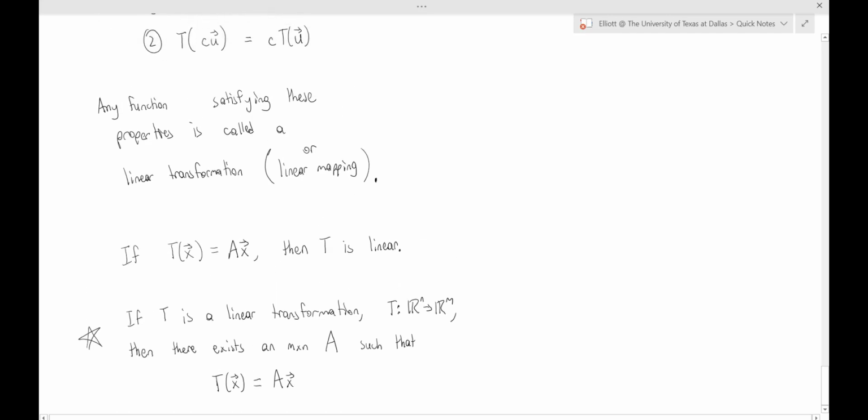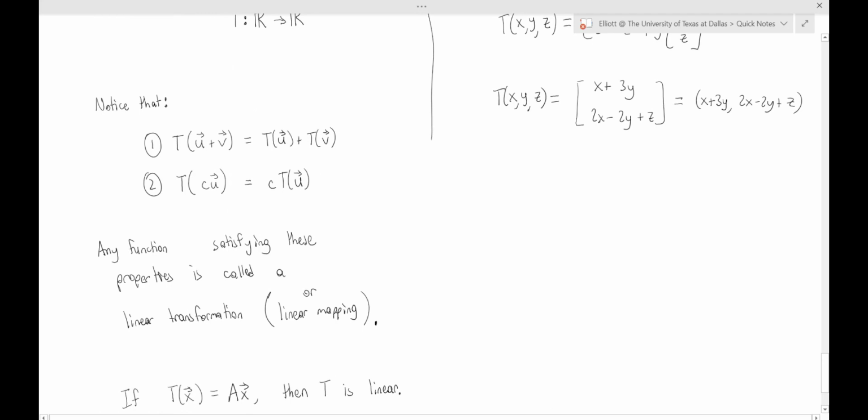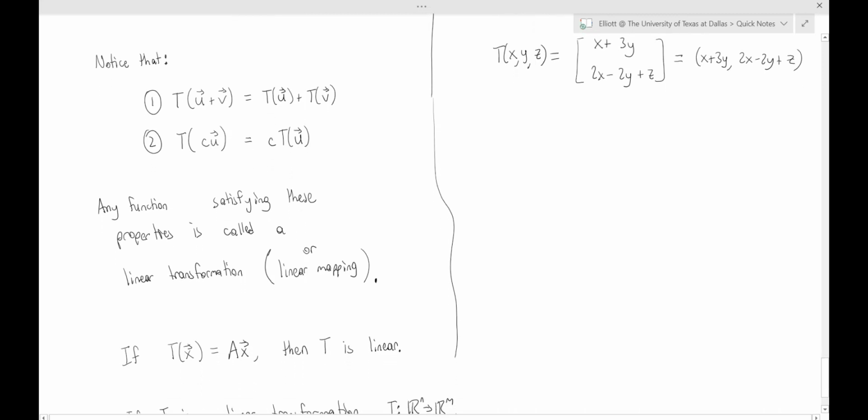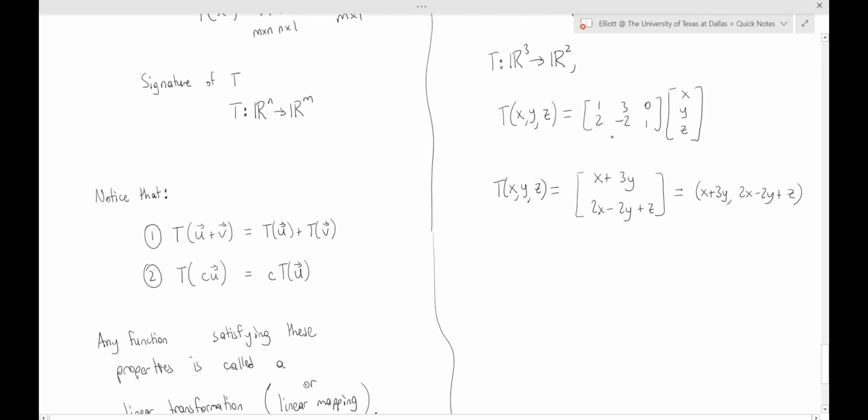All right, so looking back at this example, we have this function and we started with this matrix and we multiply it with this vector to get this result.